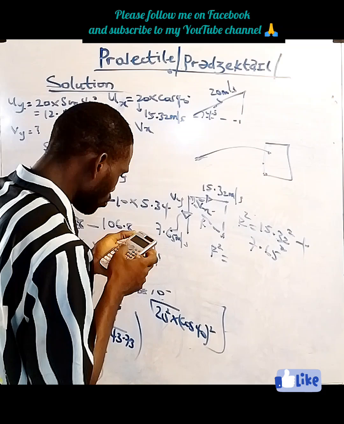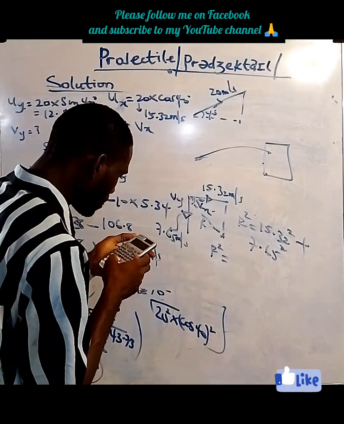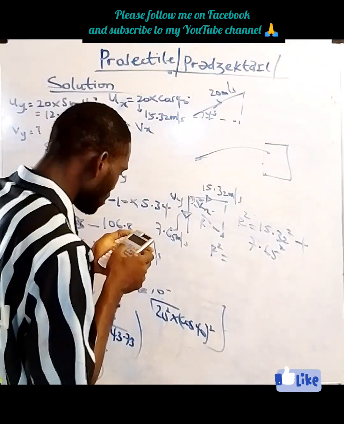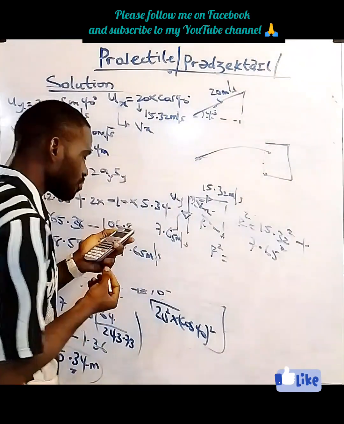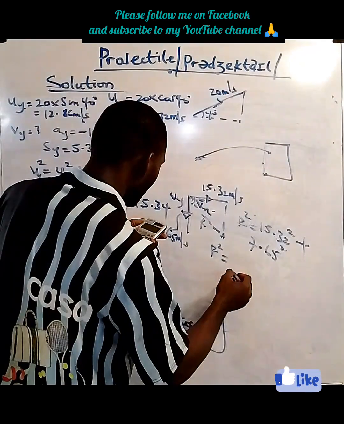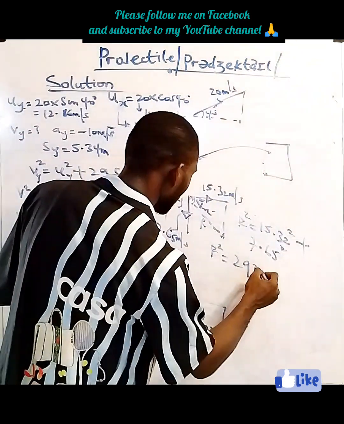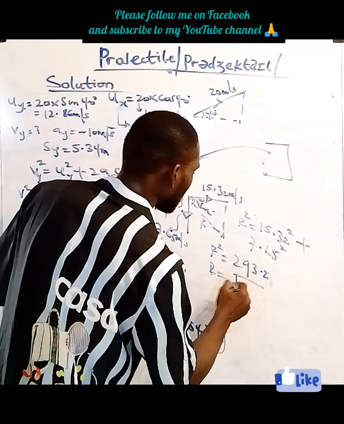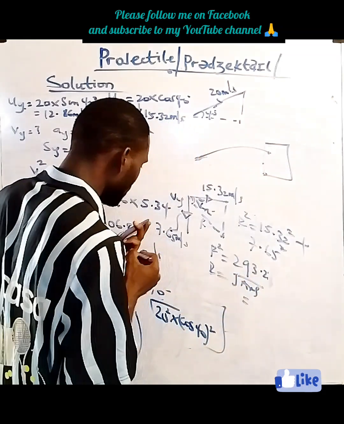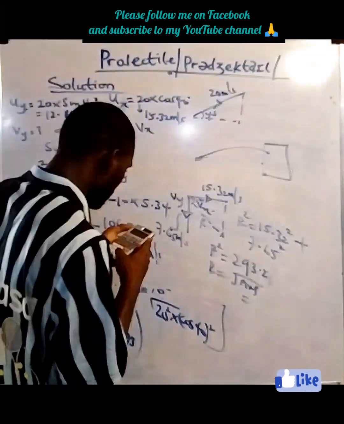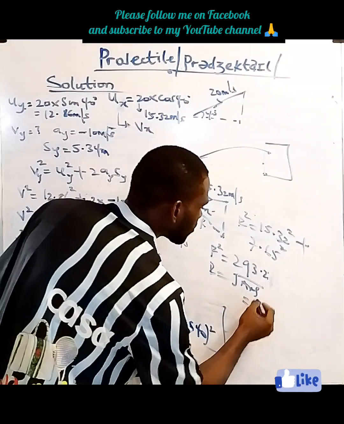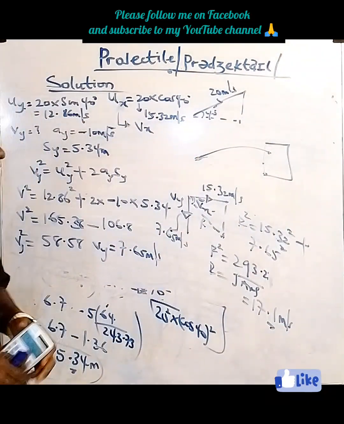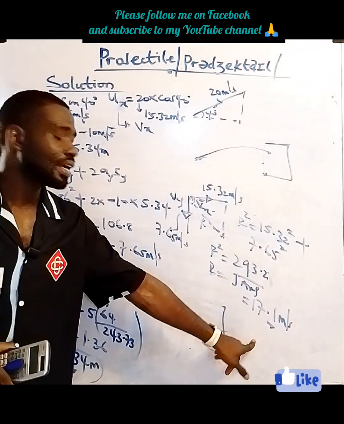You have 293.22. So the square root of our answer is 17.1. So it's going to hit the wall with a resultant speed of 17.1 meters per second.